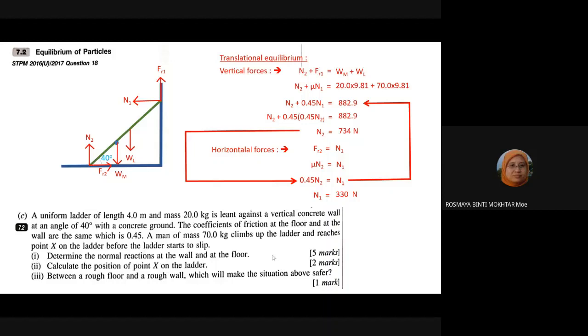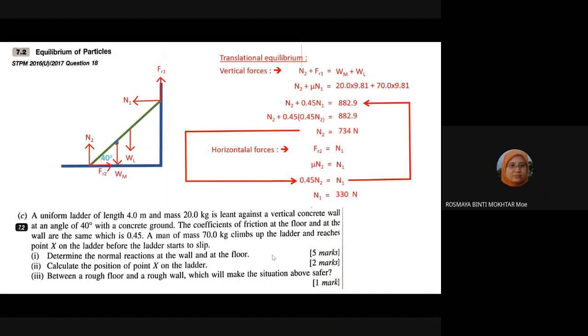So on the way down, we already calculated T1 and T2. We stop there. If you continue, you mean for WL, right? Yep. Okay. Thank you, teacher. Okay, any more questions?